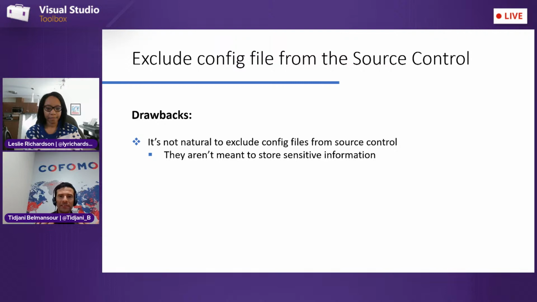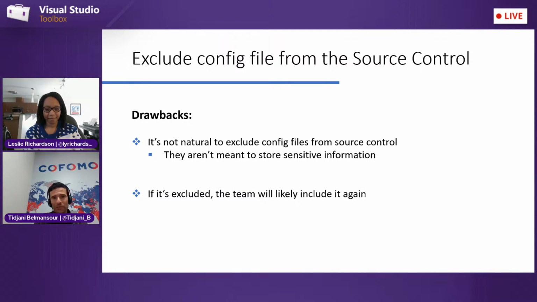And usually these configuration files are not meant to store secrets or sensitive information. Why? Simply because they are clear text. They are not encrypted. There is no permission management around these files. So they are not the right place to store your secret and sensitive information.